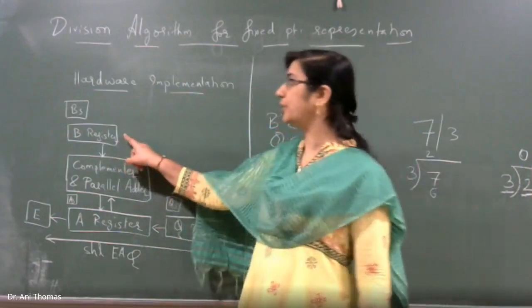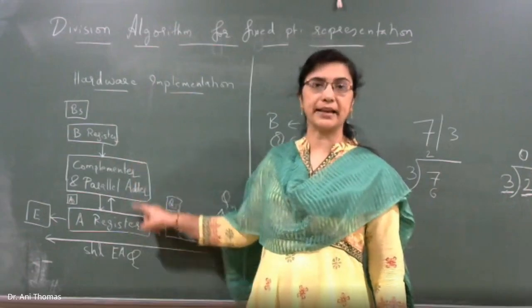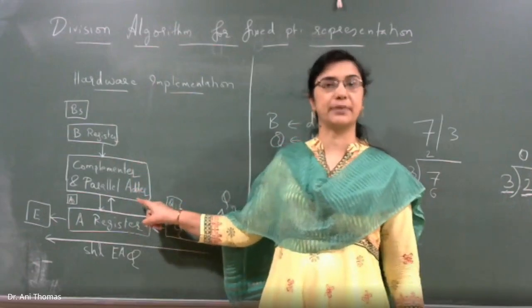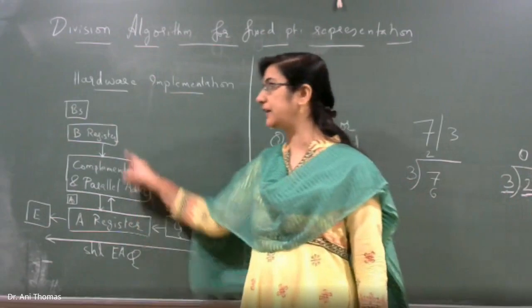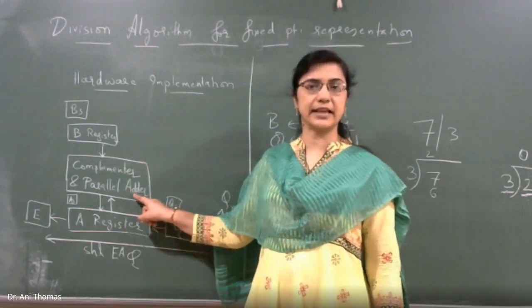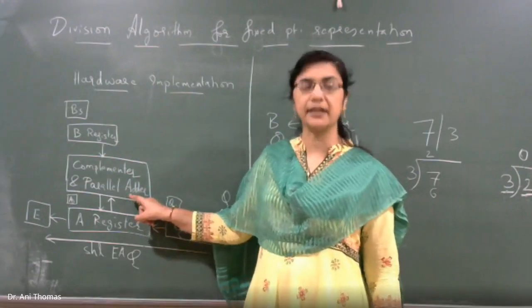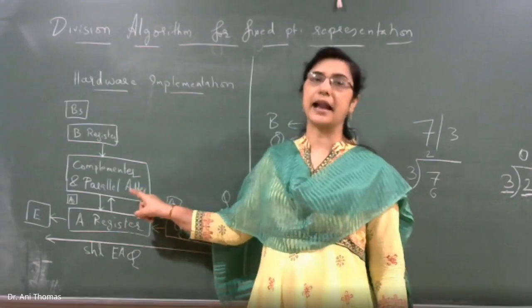The B register and A register go into the parallel adder for subtraction. We are not implementing a subtractor circuit; we are only using the adder circuit.